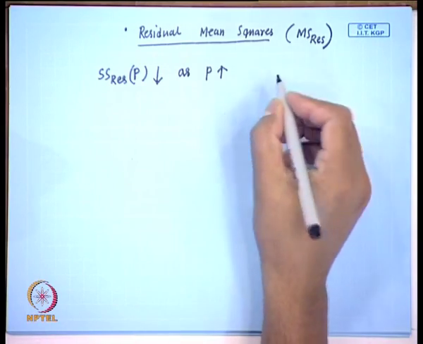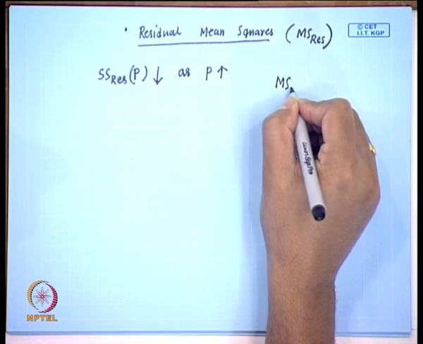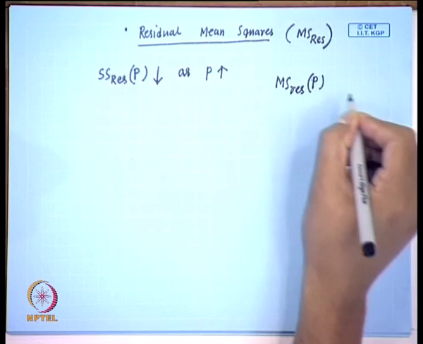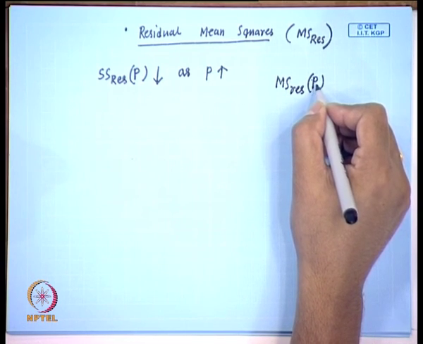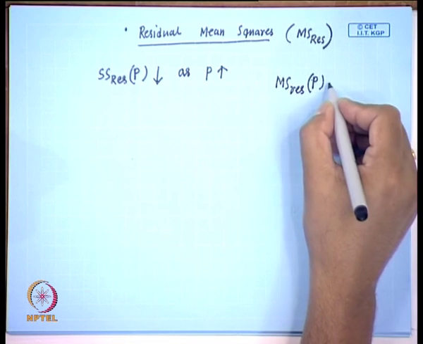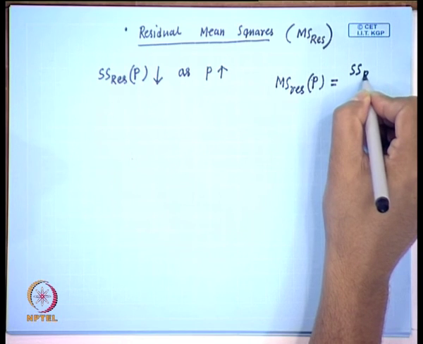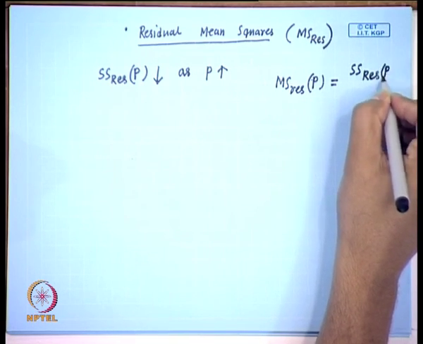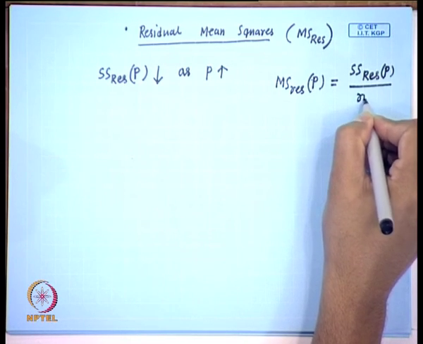Now, what is MS residual? MS residual associated with a model involving p minus 1 regressors is equal to SS residual p divided by n minus p.